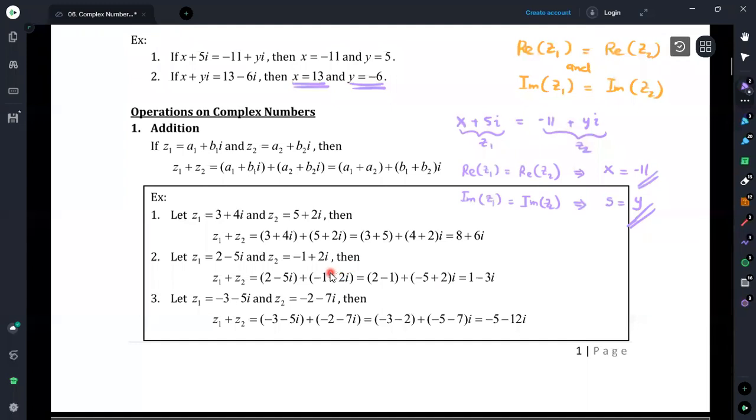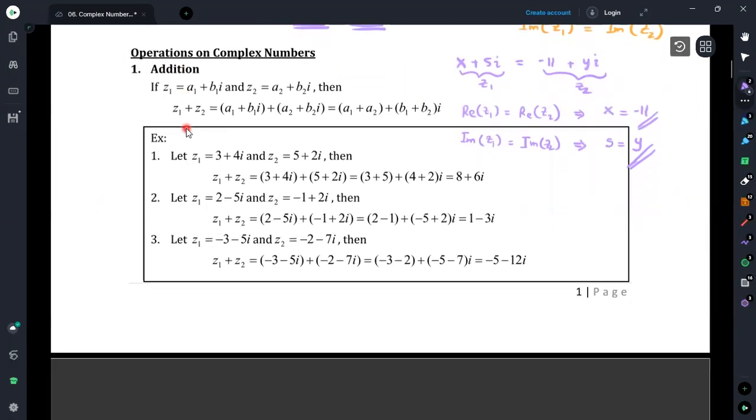Now we will discuss the addition of complex numbers under the operations of complex numbers. As the first operation, I will consider the addition of complex numbers. Suppose the first complex number is given as Z1 equals a1 plus b1 times i, and Z2 equals a2 plus b2 times i.